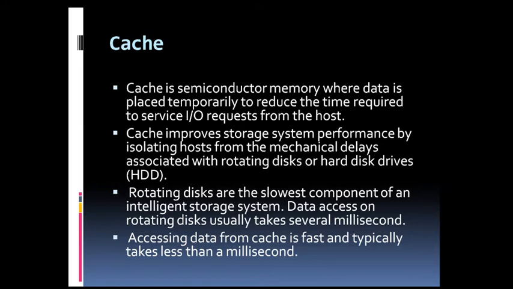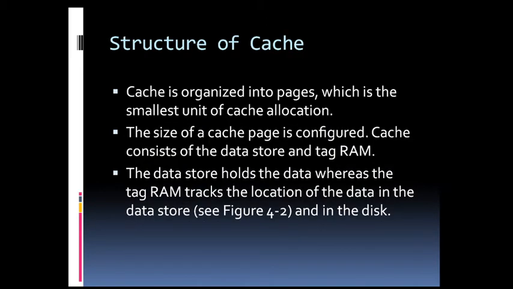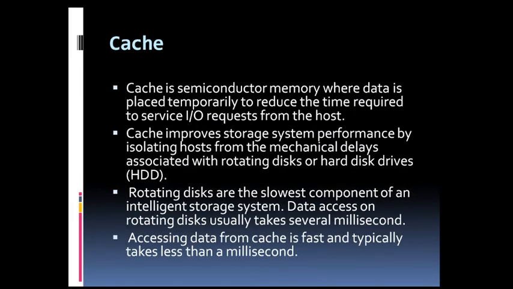These rotating disks are the slowest components of an intelligent storage system. Data access on rotating disk usually takes several milliseconds because of seek time and the rotational latency. Accessing the data from cache is fast and typically takes less than a millisecond. On intelligent arrays, write data is first placed in cache and then it is written to the disk.